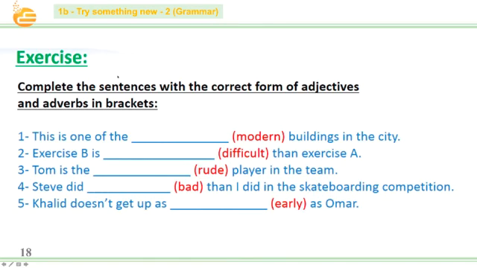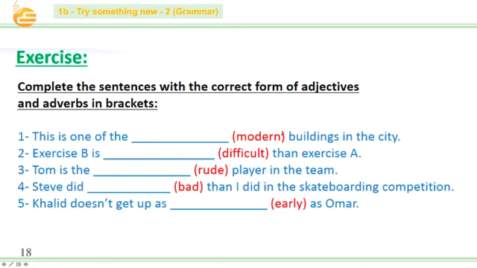Okay, now for the exercise. Complete the sentence with the correct form of adjective and adverbs in brackets. So, number one, this is one of the blank modern buildings in the city. A tip for you, everybody.